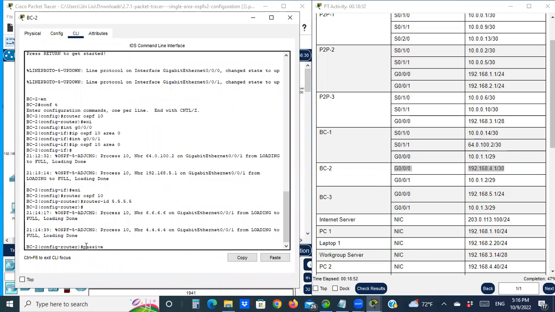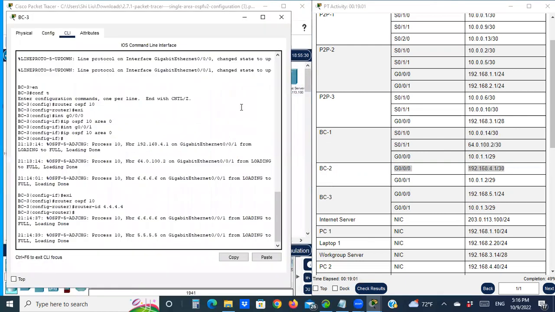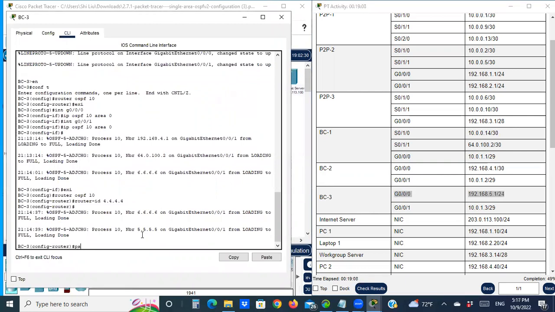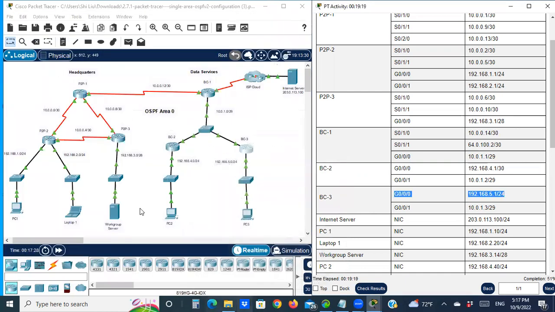Passive interface G0/0. BC3 is this one, G0/0/2. Okay. So we finished this area. This is the data service network. Okay, do this one.